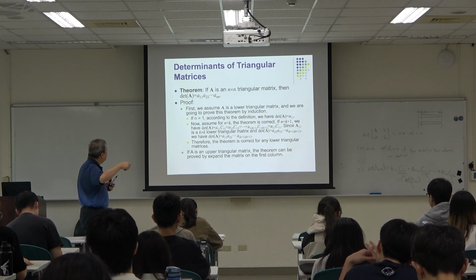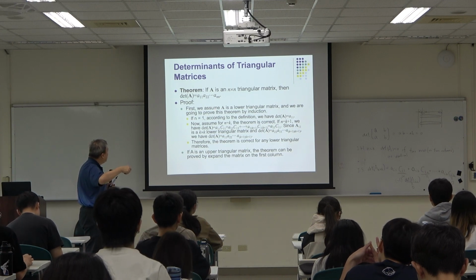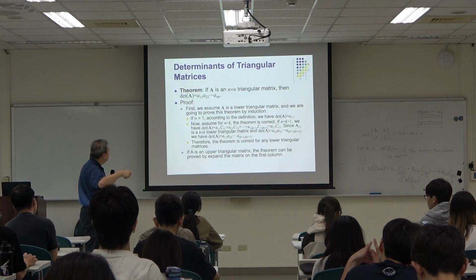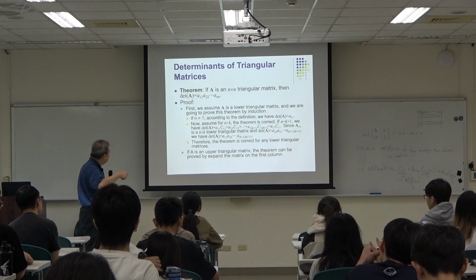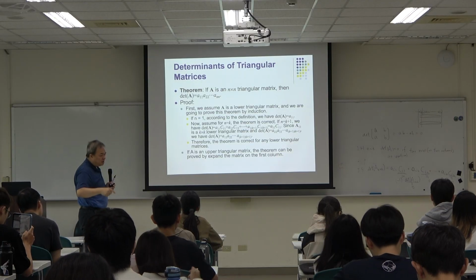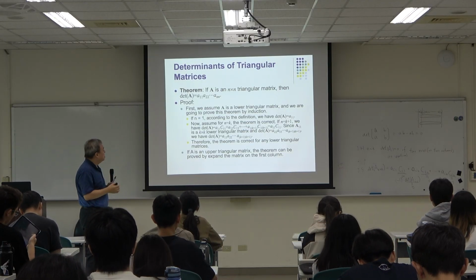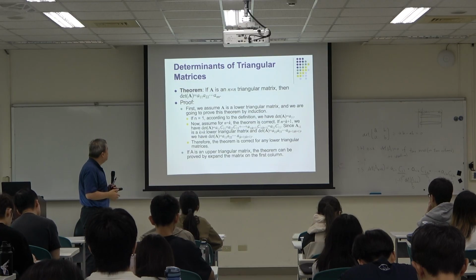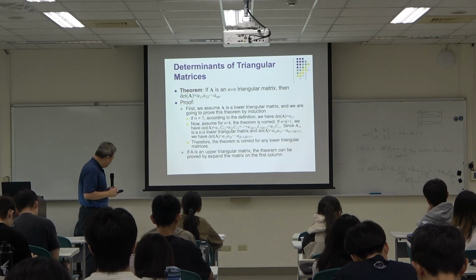Then, if A is an n by n triangular matrix, the determinant of A is the product of the diagonal elements. This one is also very interesting.